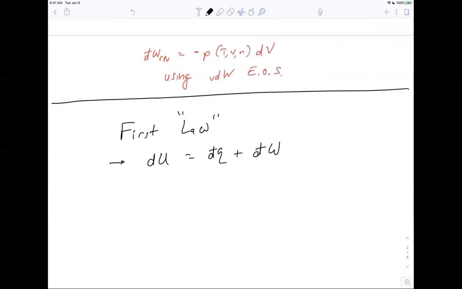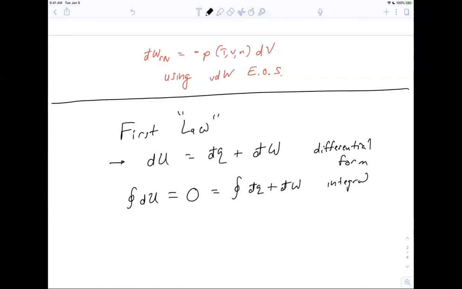If we were to do the integrated form, if you integrate this over a cycle, we know that the integral of dU over a cycle is equal to 0, because remember, U is a state function, and that's equal to the integral over a cycle of dQ plus dW. So this is the integral form of the first law, but we'll use the differential form because that's very useful for us.